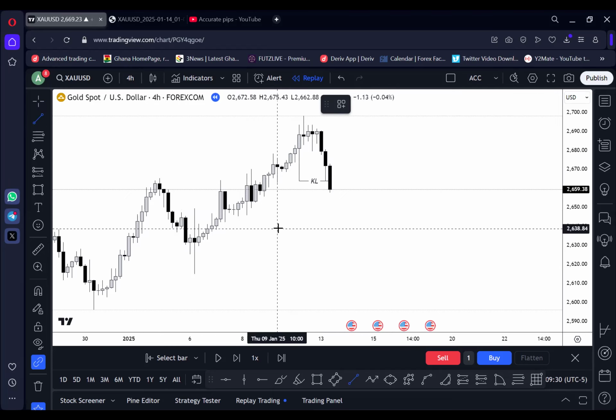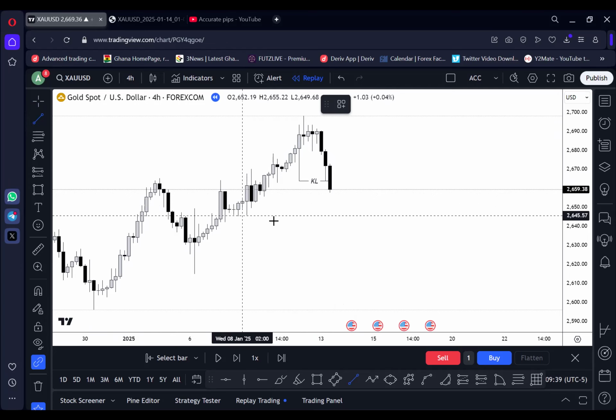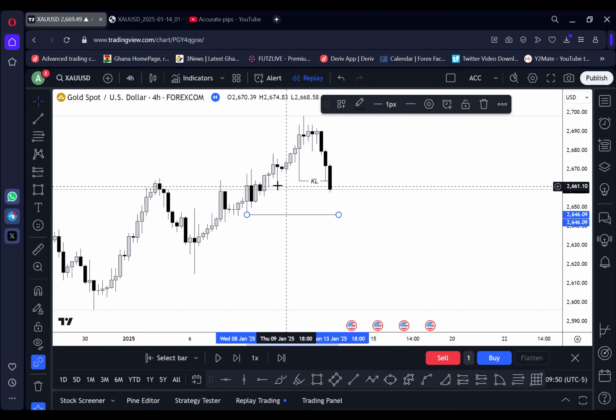So the next key thing we can see here is another valid pullback, which is this guy here. This is another valid pullback, which is the closest to this. Sometimes someone can also use this guy.